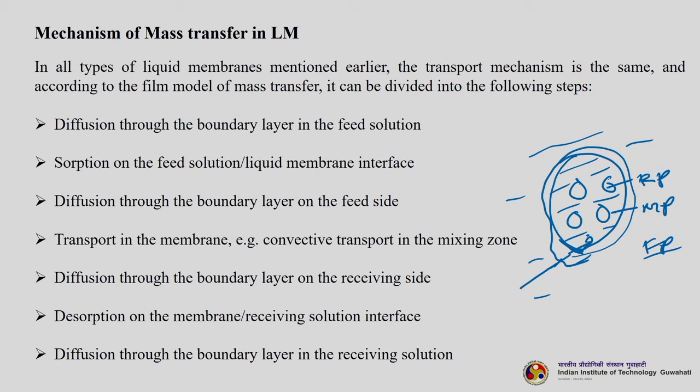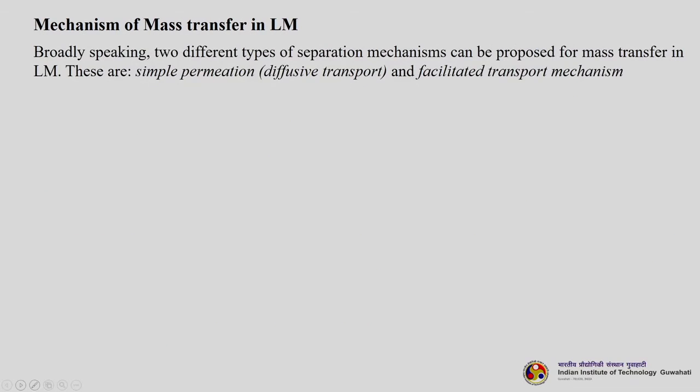Once diffusion through the membrane is happening, it will reach the boundary layer on the receiving side. There is some thin boundary layer here, it will diffuse through this boundary layer and then get inside the receiving phase. So, desorption on the membrane or receiving solution interface, then diffusion through the boundary layer in the receiving solution. This is how it happens for all different types of liquid membranes.